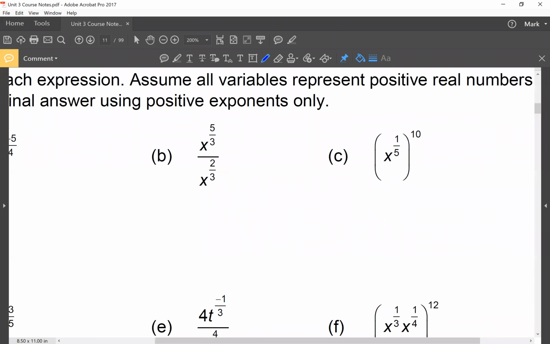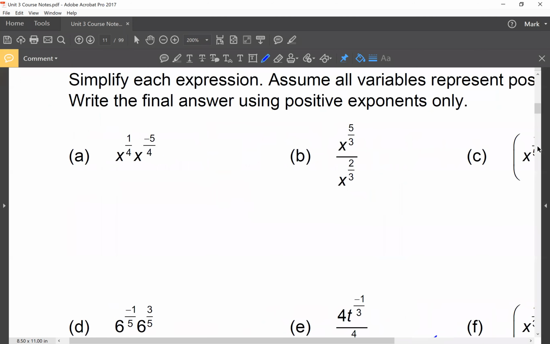Okay. So question letter A, or number A. X to the power of 1/4 times x to the power of 5/4. Now, this means what I'm going to do with my properties of exponents, I'm going to add these together. Okay, and these are exponents.